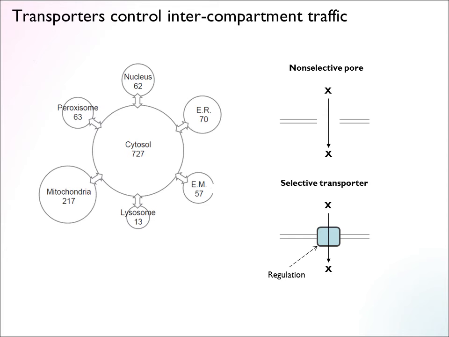In other cases, you have closely walled-off compartments, like the mitochondrial inner membrane, which is not permeable to many things. So there you need selective transporters that let things go in and out. And depending on what kind of transporters a cell chooses to put in a membrane, you can of course control what can go through.